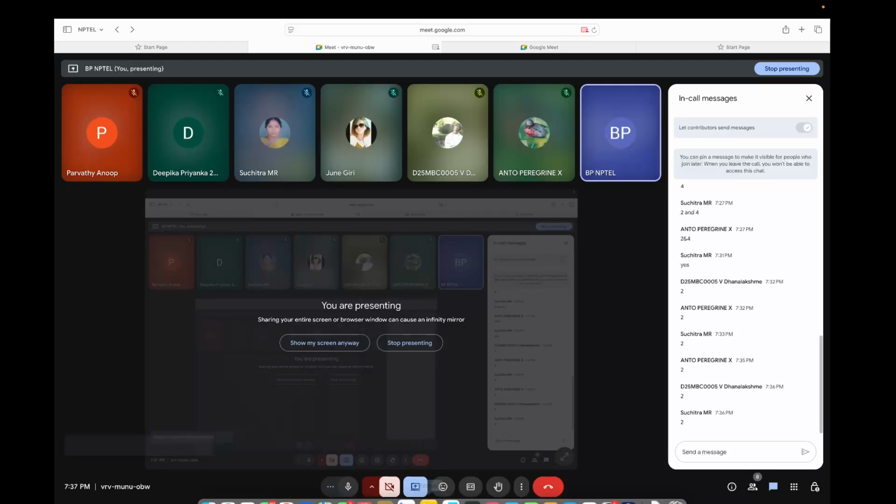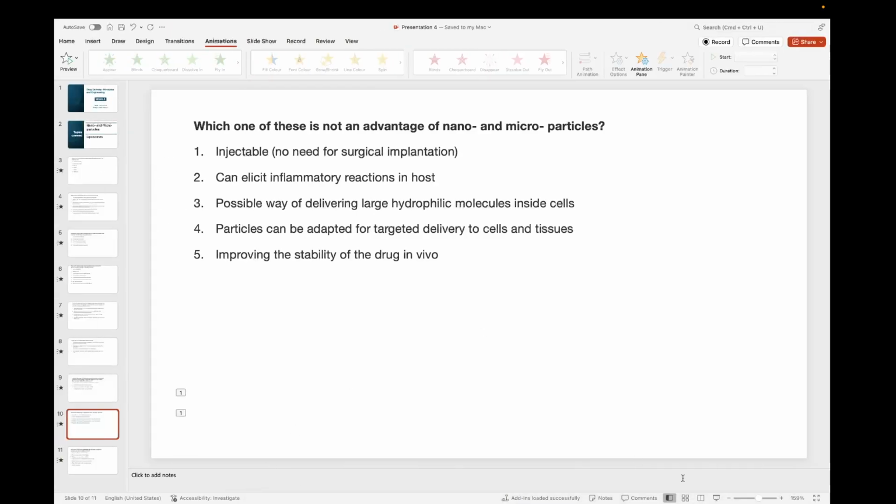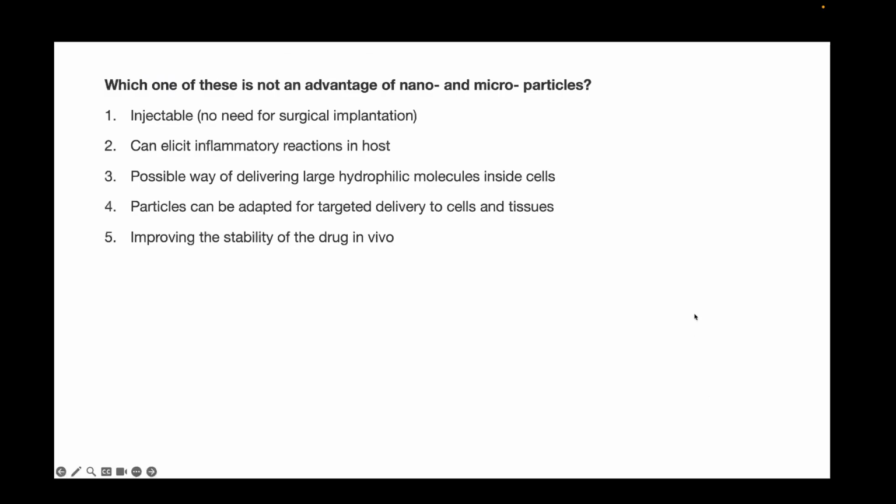Option 2. Okay. Yes, all of you are correct. Option 2, or can elicit inflammatory reactions in host, is not an advantage of nano and microparticles. You would not want inflammatory reactions with your nano and microparticles.